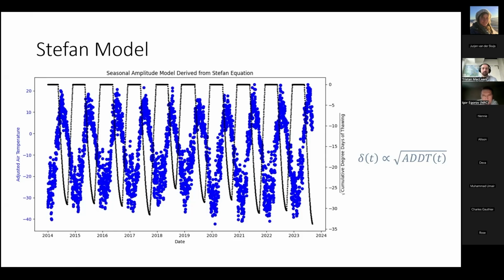At the top here, once the freeze back has reached the starting point of the data set, I stopped calculating the accumulated degree days of freeze. So it's always referenced to that winter stable freeze back.